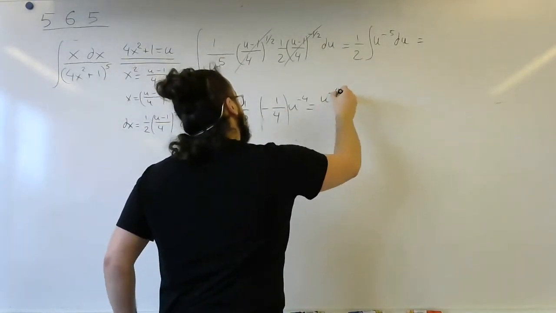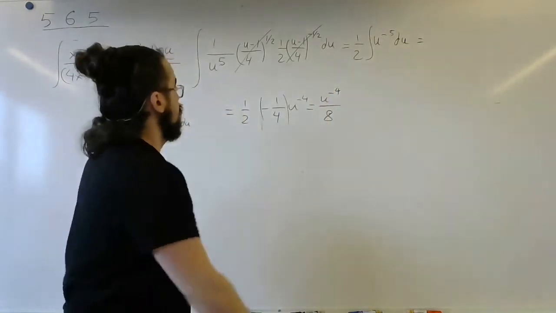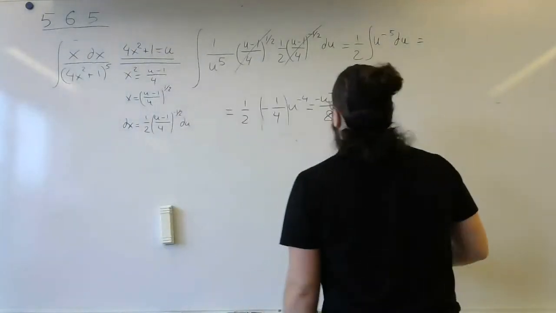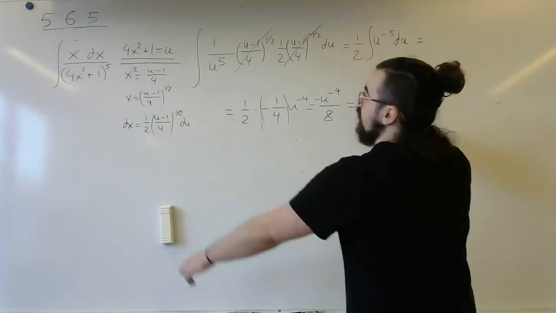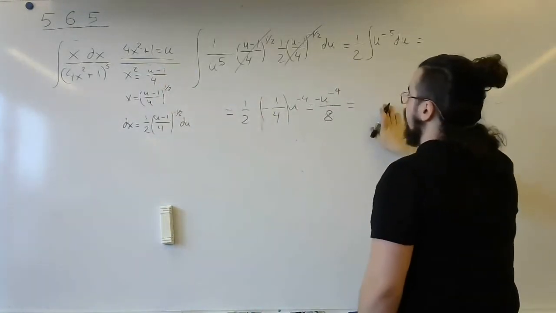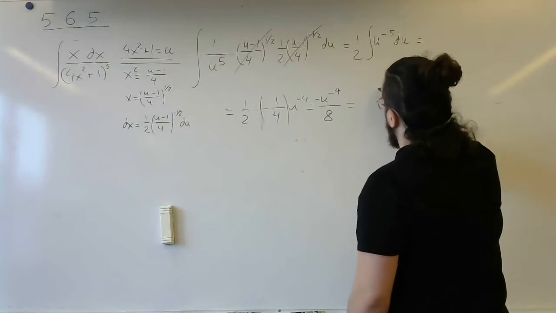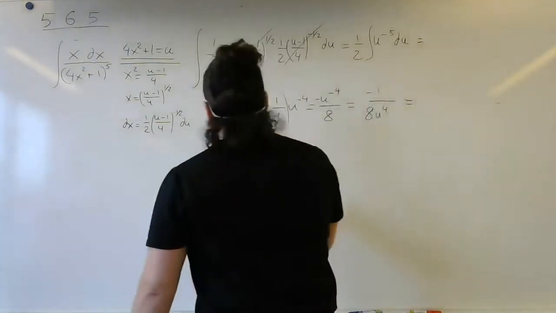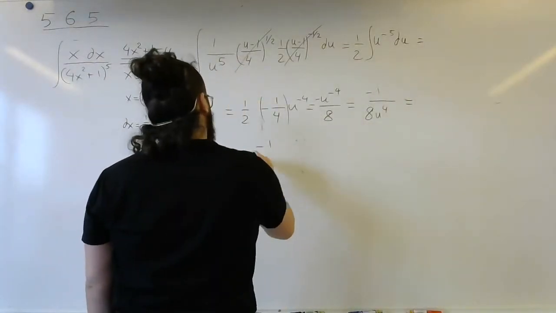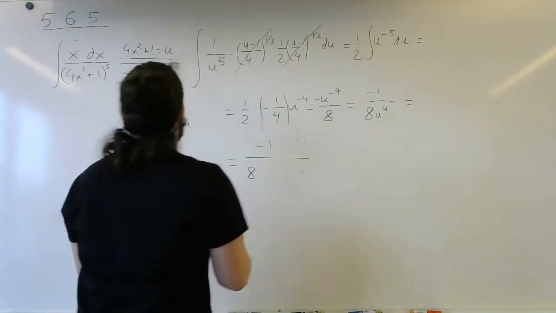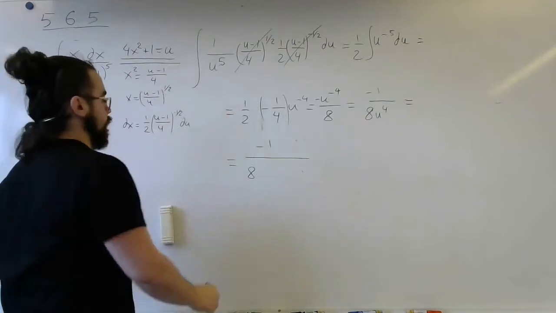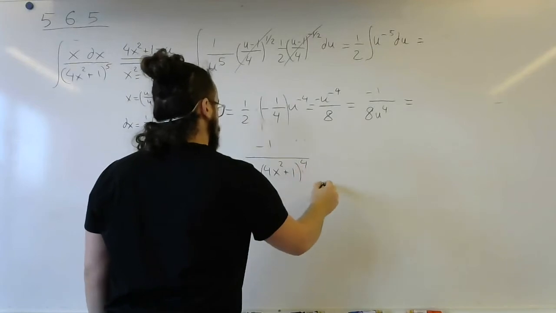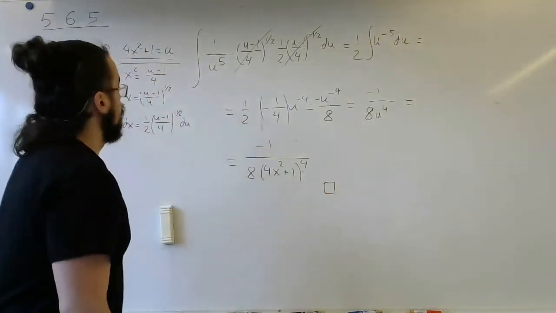So this is u minus 4 divided by 8, with a minus here. Now, we turn back. Since this minus 4 is here and what we have here is a power, we could theoretically move it here for the ease of manipulation. So this thing is minus 1 over 8 u fourth. There we go.